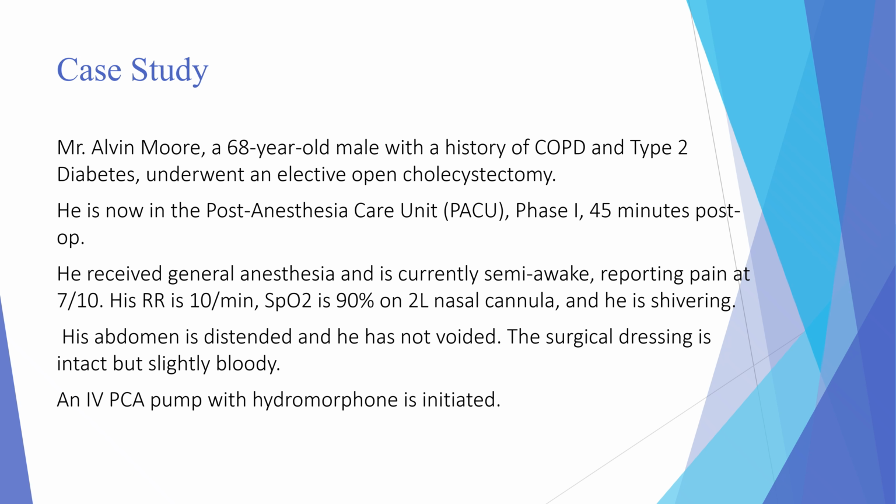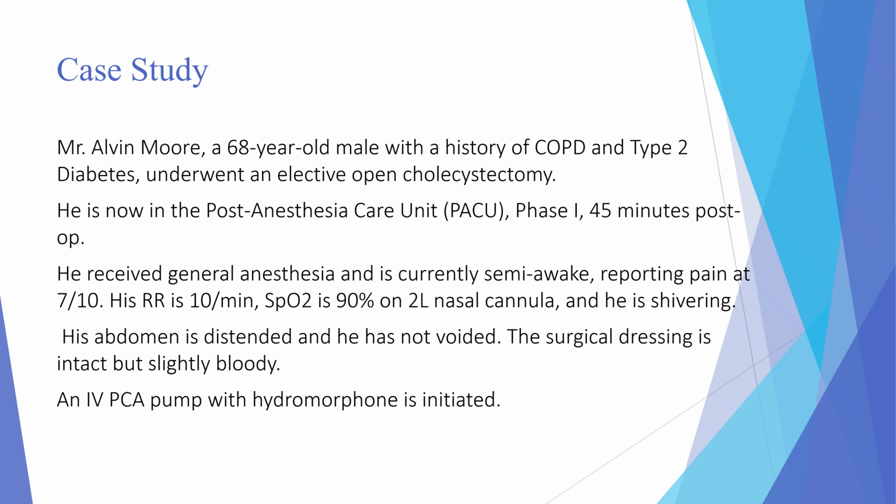He received general anesthesia. We know from a previous chapter the main 4 types of anesthesia, and general anesthesia is one of them. He is currently semi-awake, reporting pain at 7 out of 10, 10 being the worst. His respirations are 10 per minute.